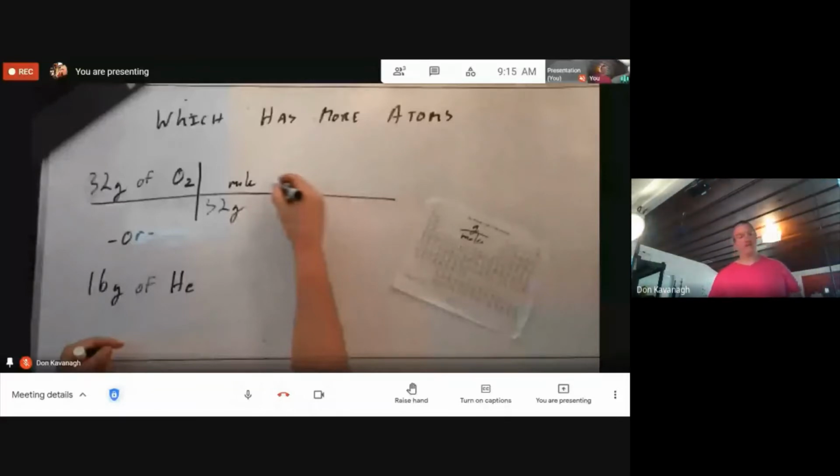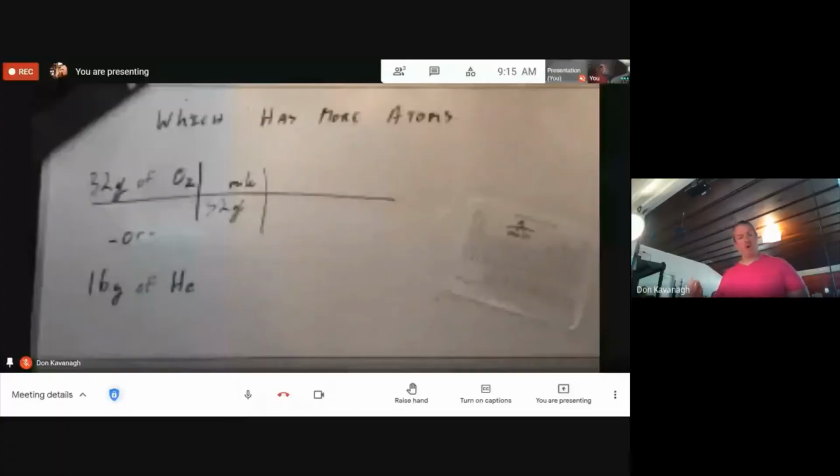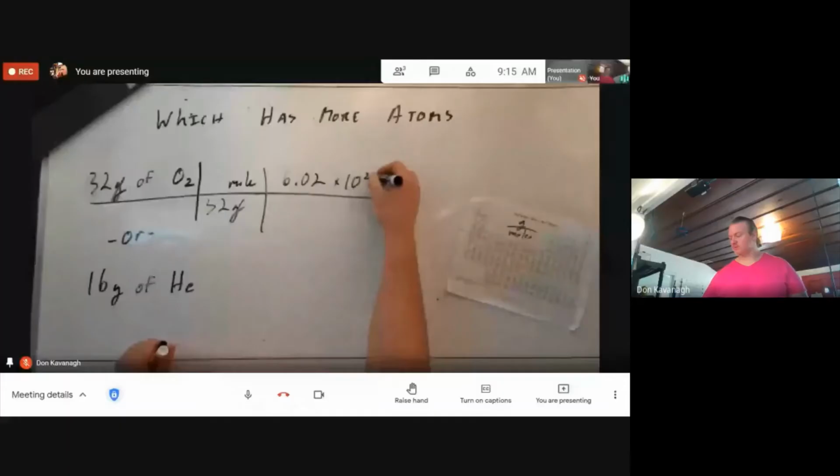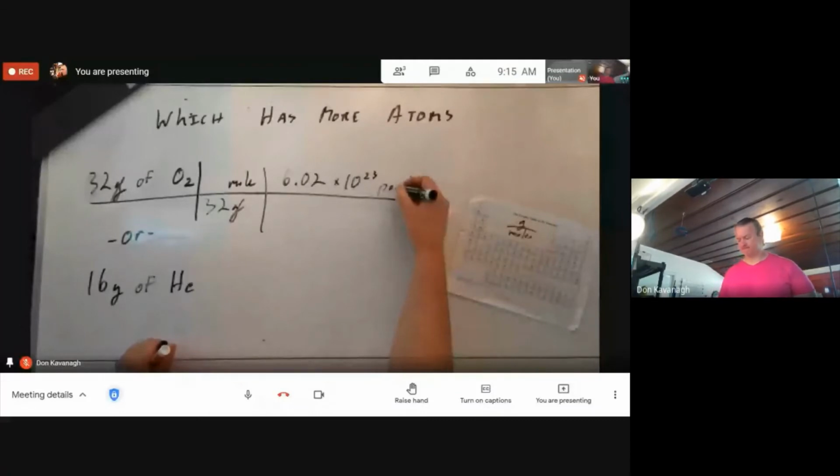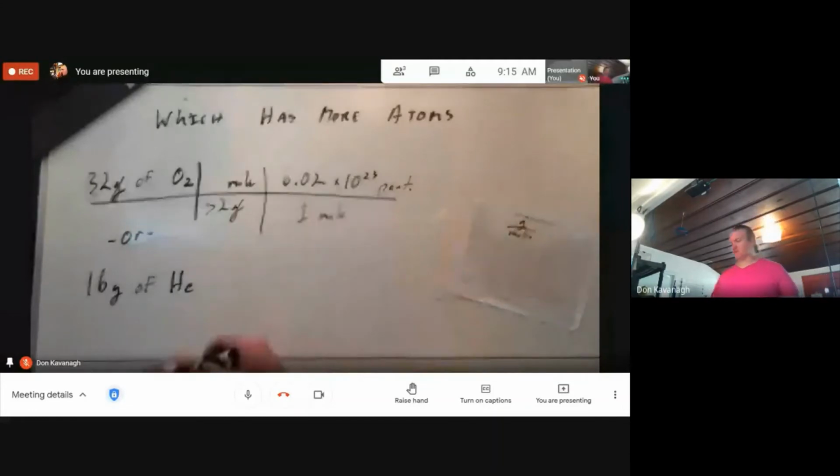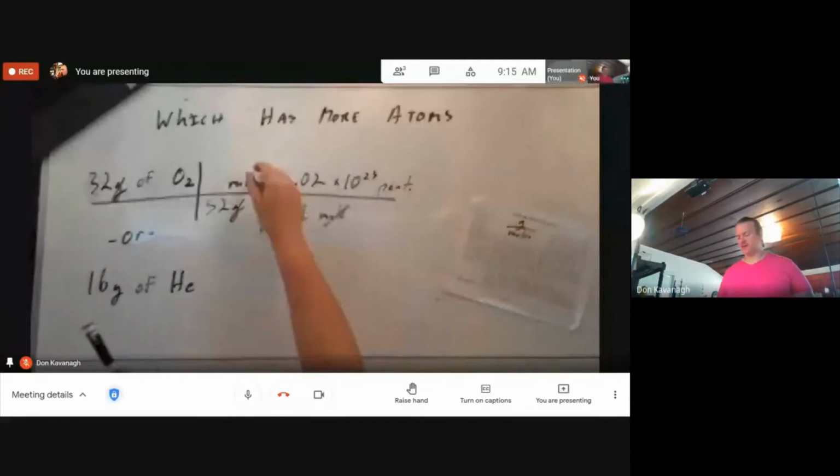Now that tells us how many moles. And a mole is a counting word that stands for 6.02 times 10 to the 23rd particles. So now if we look at our scaffold, everything cancels out except for particles, and that's how many particles we would have here.